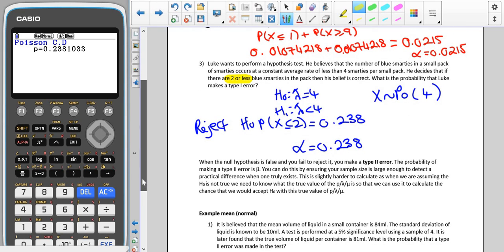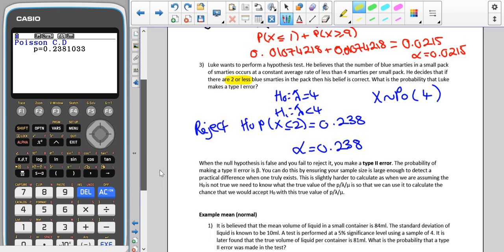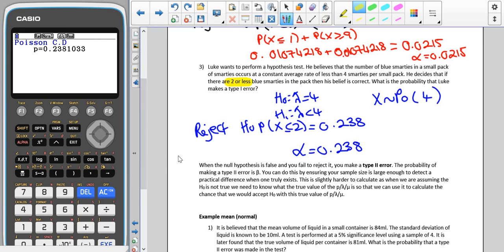So, next time we are going to move on to having a look at finding the probability of making a type 2 error. I just want to re-emphasise though that if you are given the significance level in the question, then that is your probability of making a type 1 error.